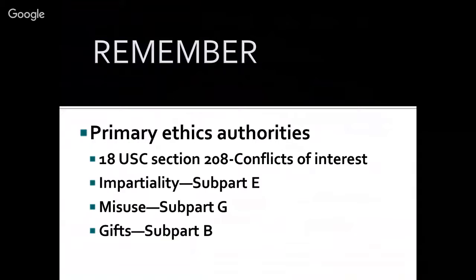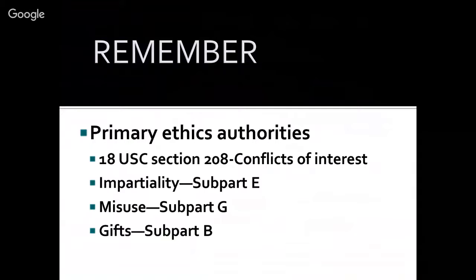So for example, if you see that someone is engaging in an outside activity, and let's say your agency doesn't have a prior approval for outside activity, that's your opportunity to use that as an inroad to the employee to remind them about misuse of position considerations, use of title, use of time, use of authority.